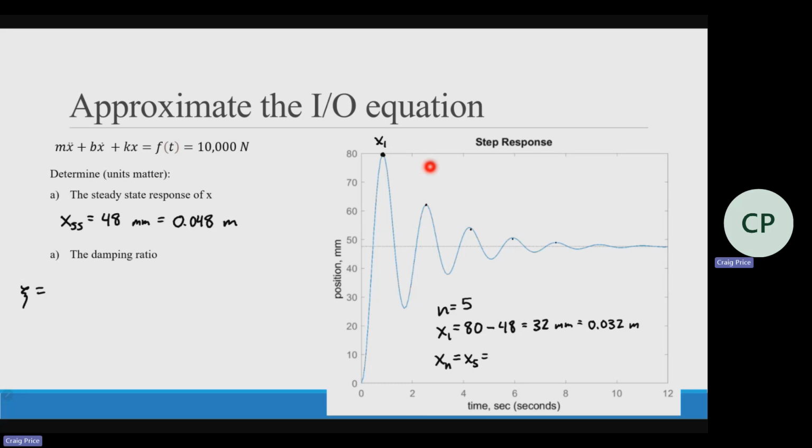And then X5, what would you say that is? 50? Wait, what? Yeah, we could say 50 minus 48, 2 millimeters or 0.002 meters.